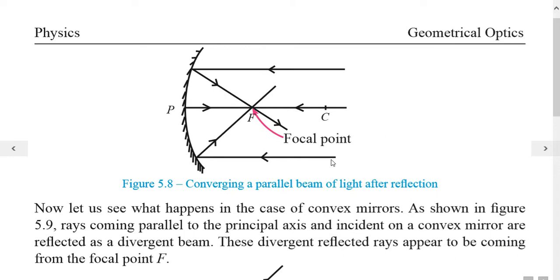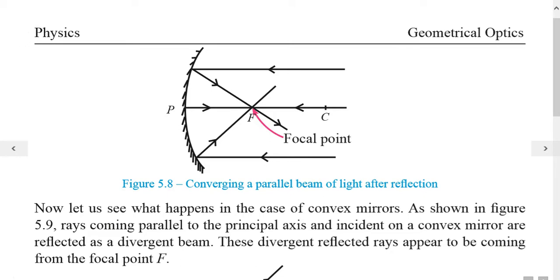Then we get the intersection point of these two rays. That point is known as the focal point of this concave mirror.